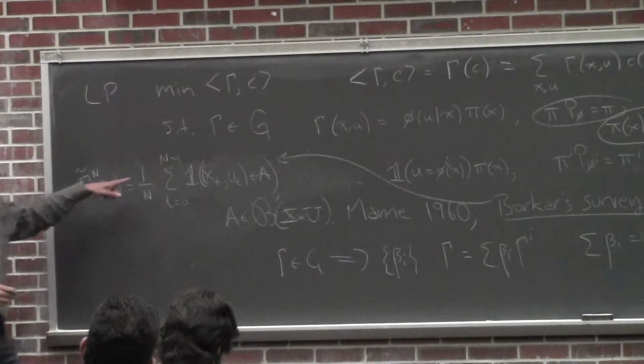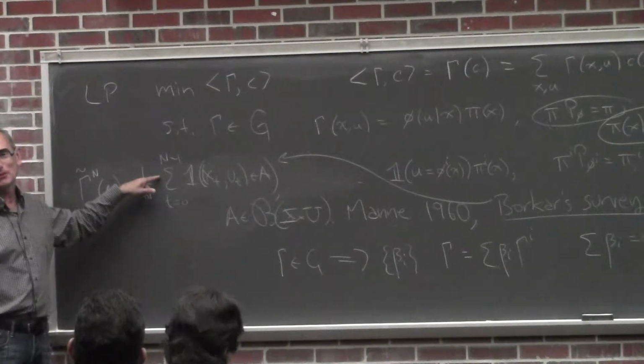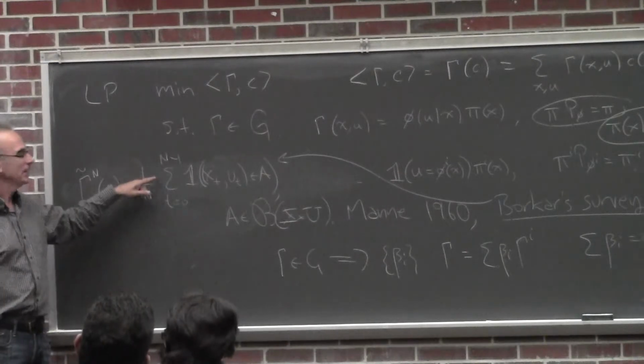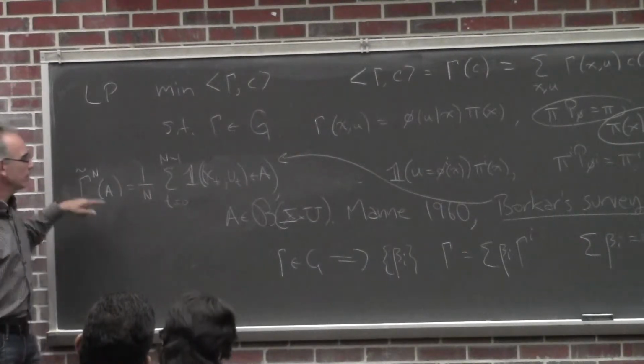So this is called the empirical distribution. And since we're getting to learning, and empirical distributions come up all the time, it's not a bad idea to do this. The tilde just emphasizes a random probability measure. And it's a random probability.